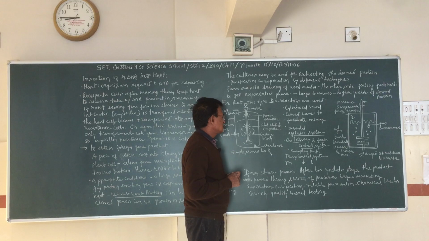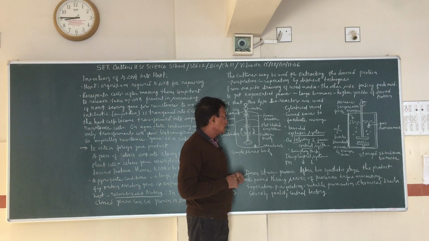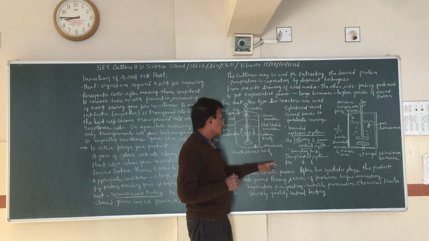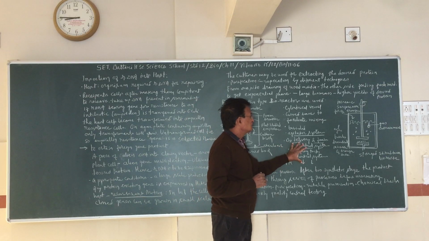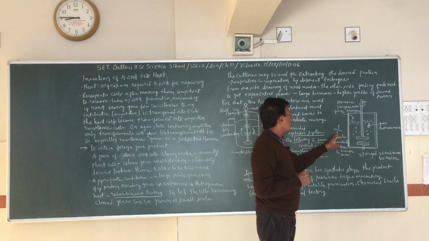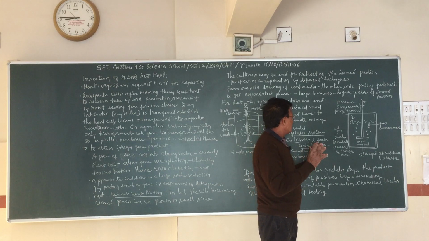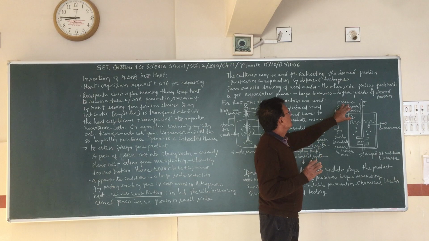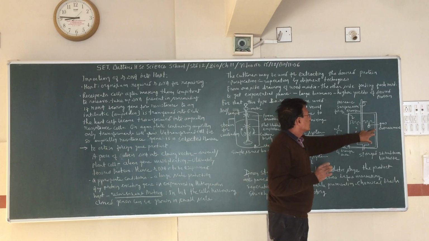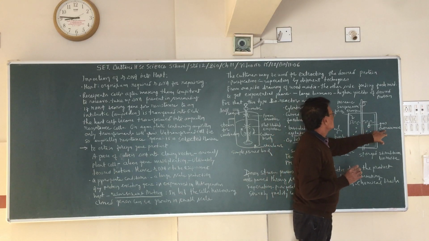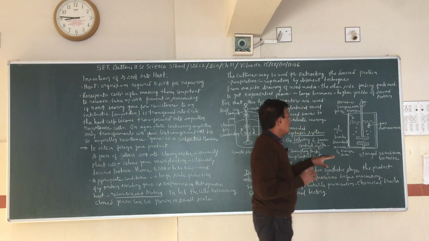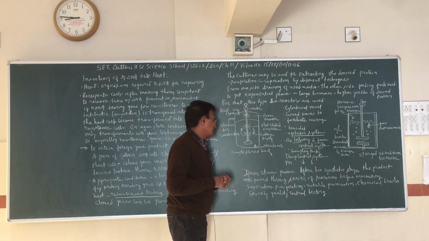The temperature is to be kept within the limiting range, and pH can be maintained. So all these systems have been arranged here. So far as the sparger is concerned, it provides a dramatic increase in O2 transfer. And the increased surface area is obtained through the sparger, which is called gas sparging. These are the arrangements done in the bioreactors.